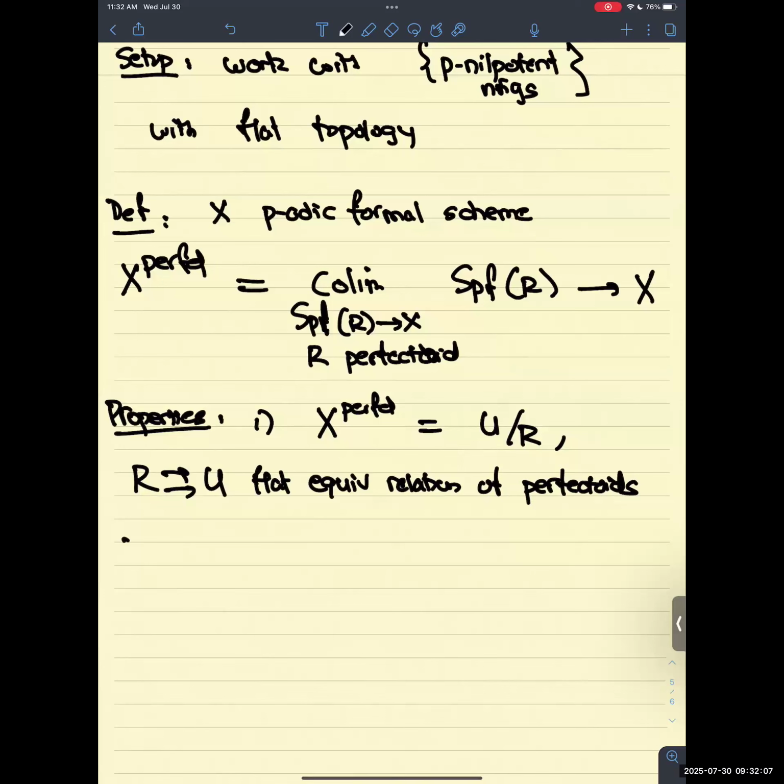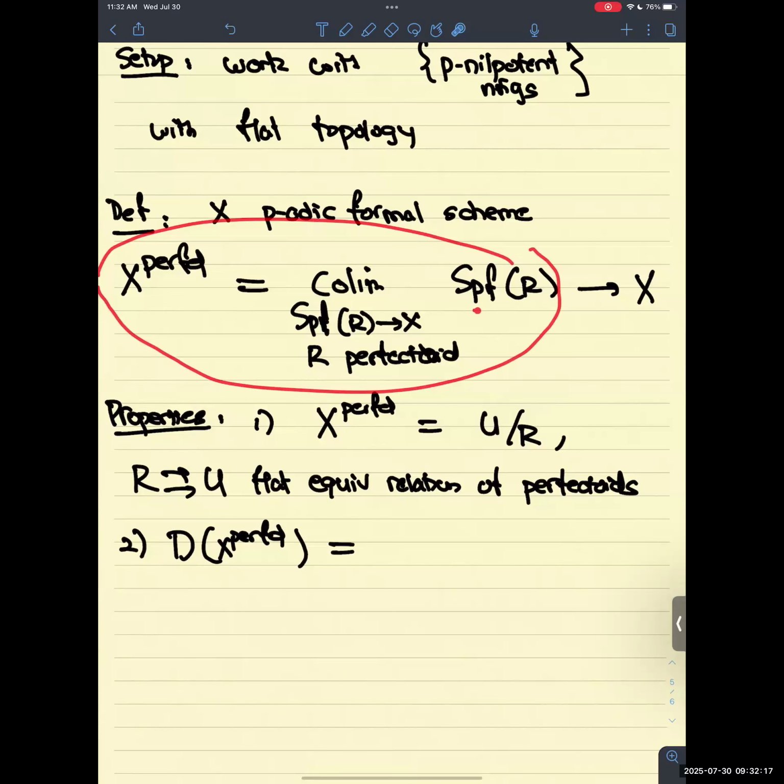The other property I wanted to mention is that the derived category of X perfd behaves as you would expect based on this formula. This formula is saying that X perfd is a colimit of things mapping in, so you would expect that the derived category of X perfd would be given by the inverse limit of the corresponding derived categories for Spf R, and that is indeed true, although it's not tautological from this definition.